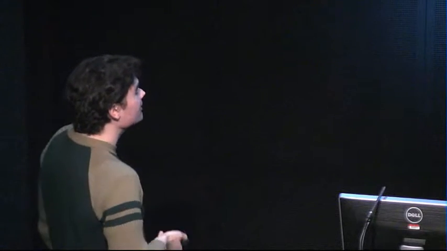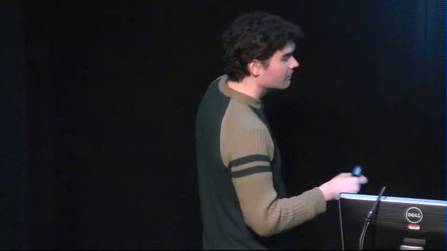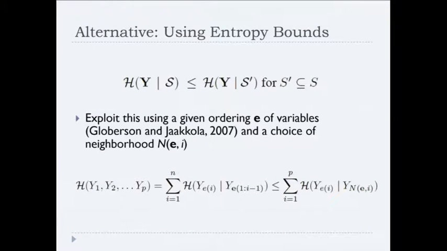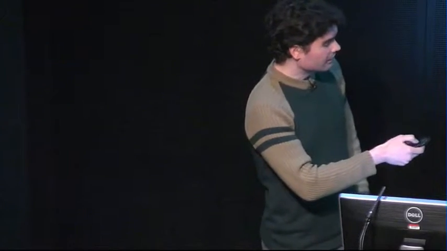So here I'm assuming that I'm given a neighborhood size, depending on your computing capabilities, to choose how large your neighborhood can be. And based on that, you're going to choose the order and choose your neighbors within the condition that they should precede you and be of a particular size.